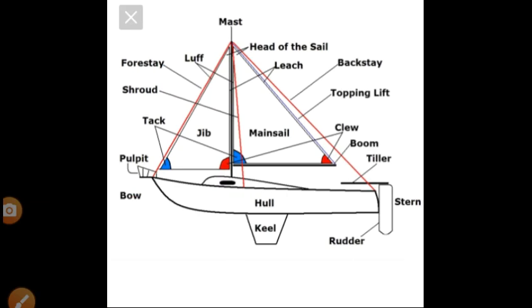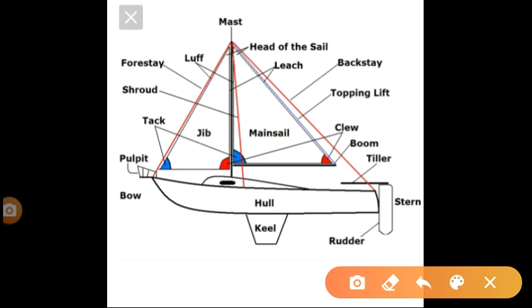As you can see in the picture, this is the picture of a sailboat and it has been earmarked. So let's study the parts of the sailboat. This long wooden structure is known as mast. Then there is head of the sail. Then this is forestay sail.